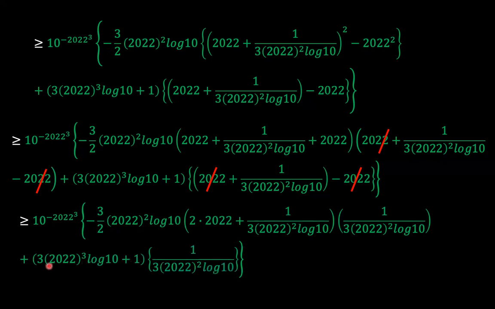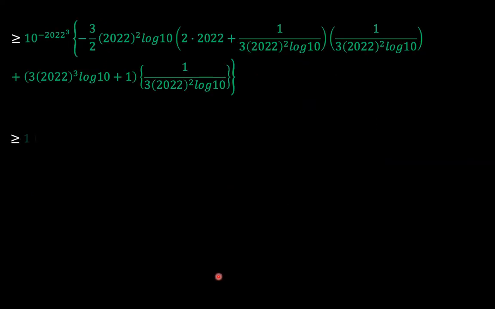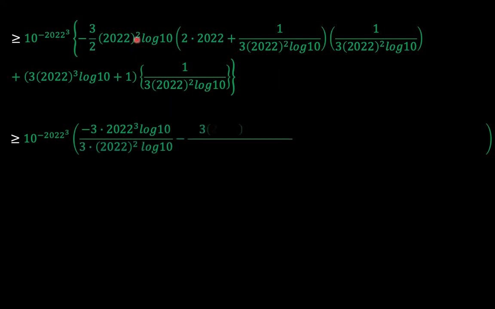Plus 3 times 2022 cubed log 10 plus 1, all times 1 over 3 times 2022 squared log 10. Okay, so the next thing we can do is open up this bracket. As you can see now, we have this constant here times 2 times 2022.